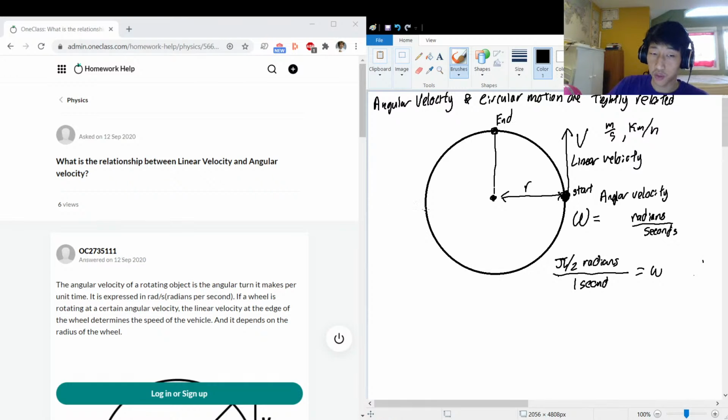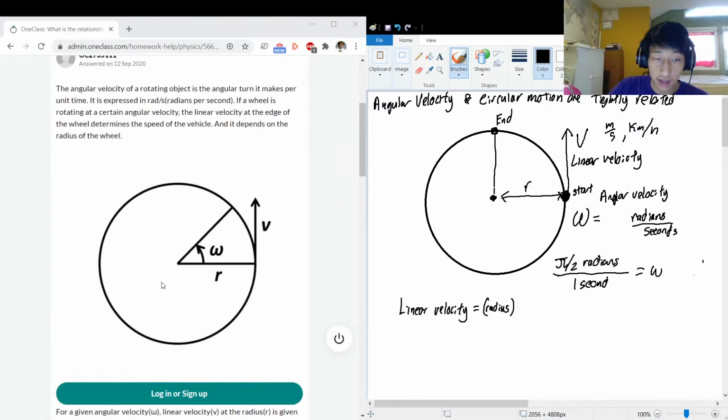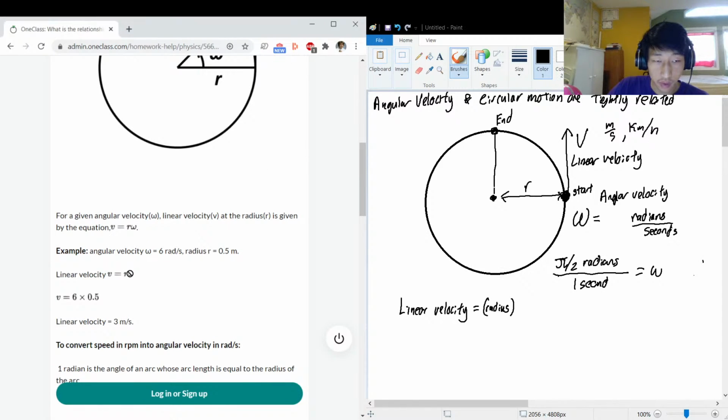Now, how we convert between them is with this equation. Linear velocity is equal to radius multiplied by omega, which is angular velocity.